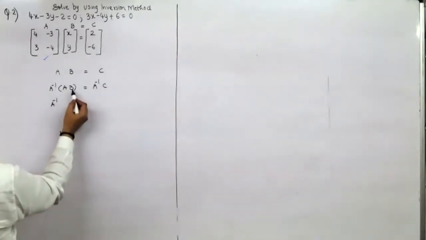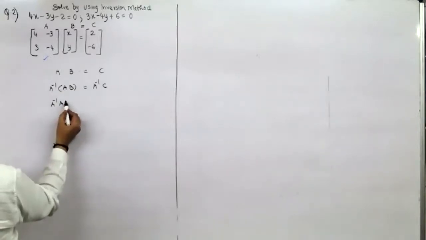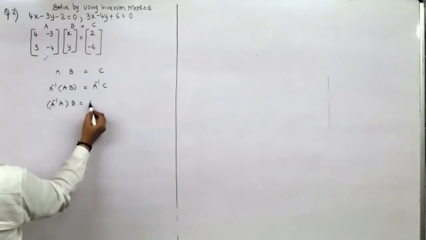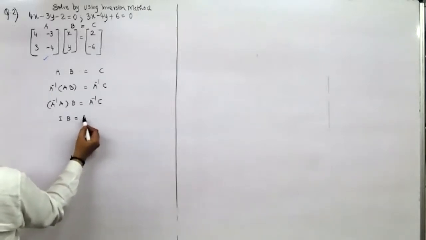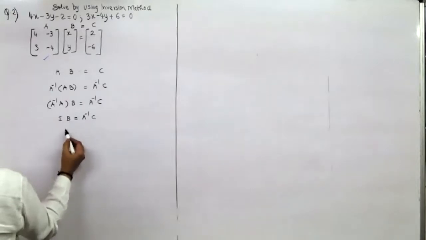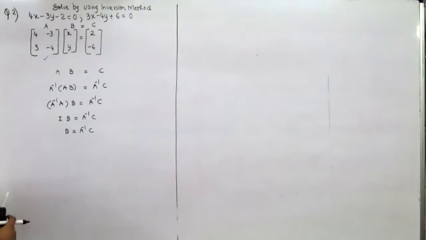First of all, when there are more than two matrices, you can change the order of the bracket. So I'll take A inverse into A together. This is B equal to A inverse into C. This is I into B equal to A inverse into C. I into B is B. This is A inverse into C. So B is A inverse into C.